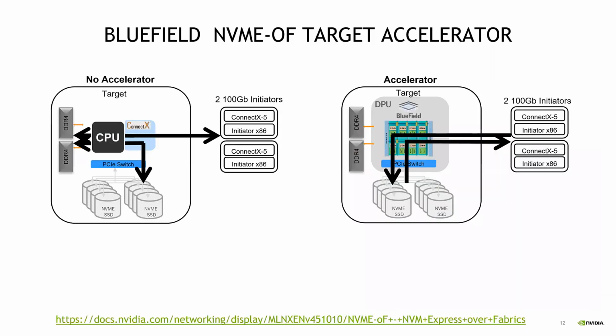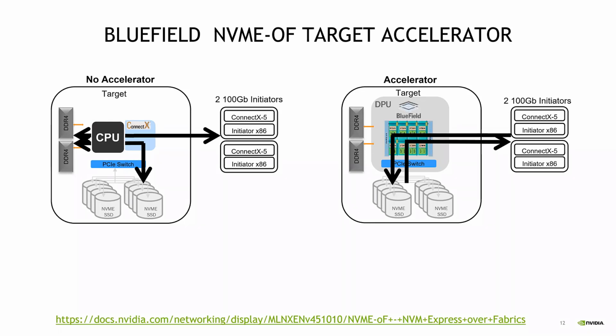Let's look deeper at some of those accelerators. One of them does target-side NVMe over Fabric protocol offload. On a storage target, like a JBoF, that's shown here on the left of the slide, there's typically a CPU that sits between the network ports and the NVMe SSDs.